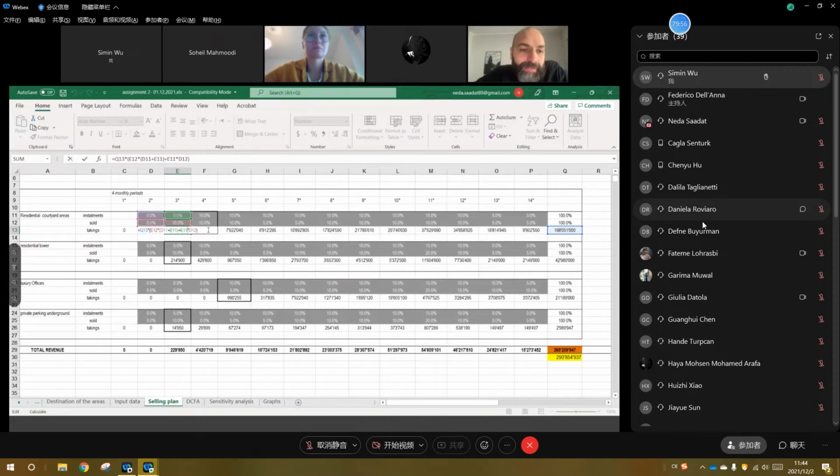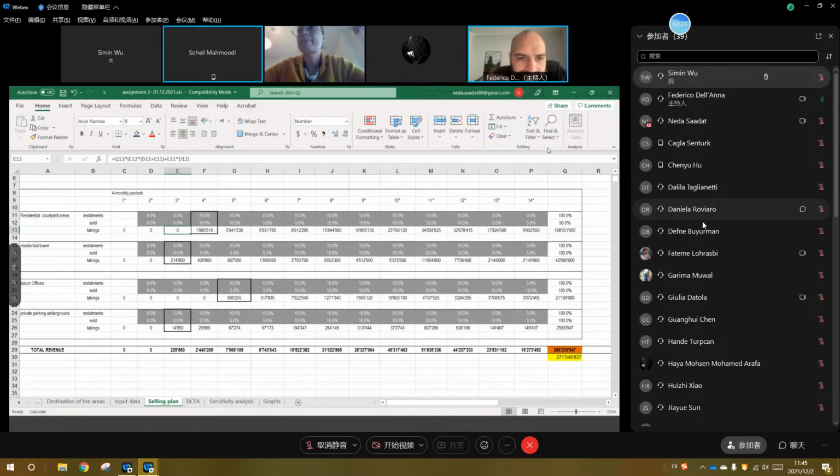Maybe you can put 0 in the sold rate in period number 3, and put this value in other periods after 3. I don't know, you can distribute 5%, for example, in period 6 and 7, in order to obtain the 100% for the sold.